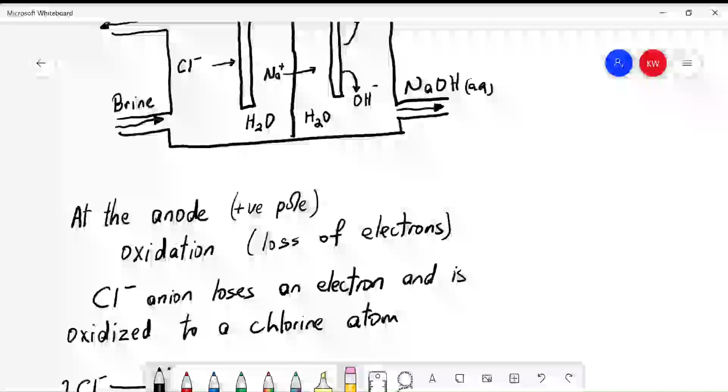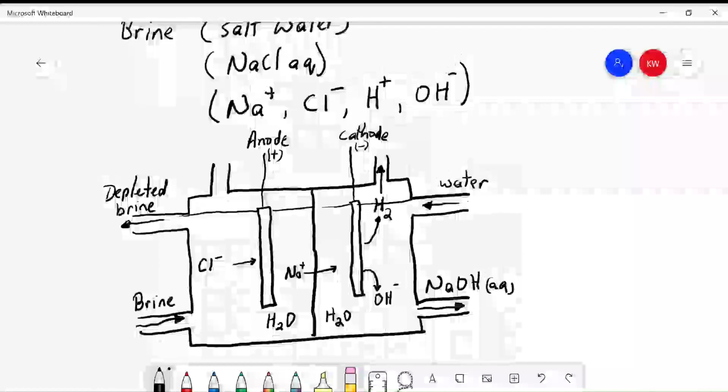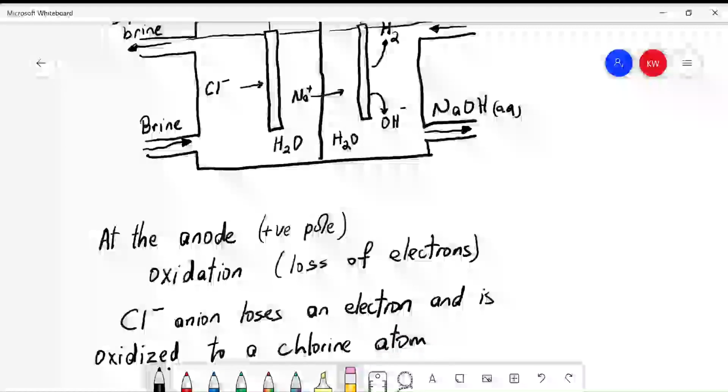At the anode, that's a positive pole, we always have oxidation taking place, and oxidation is the loss of electrons. At the anode, the chloride ions lose electrons more easily than the other ions present. Because remember, we have quite a few ions here, but the chloride is the one that loses the electron most easily.